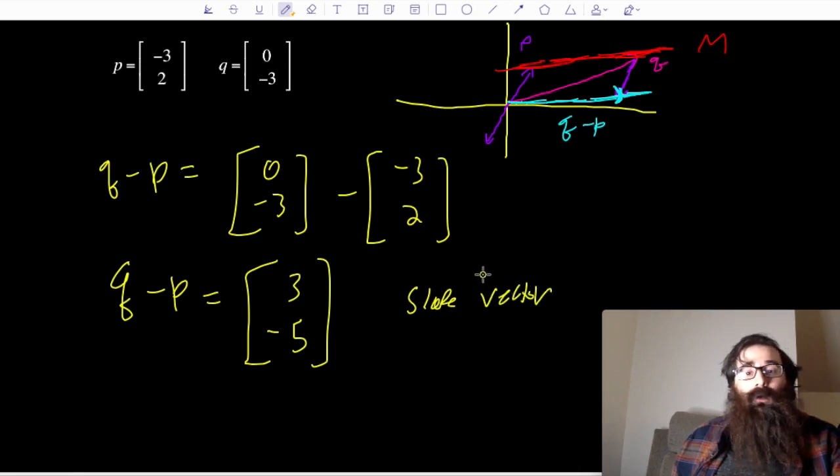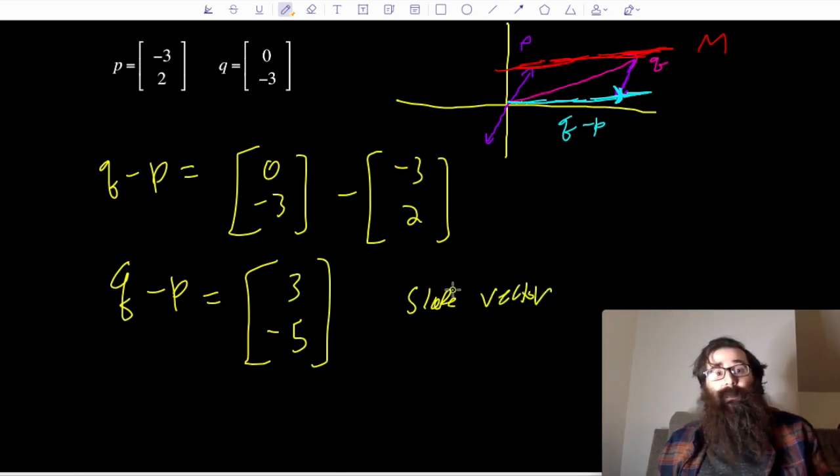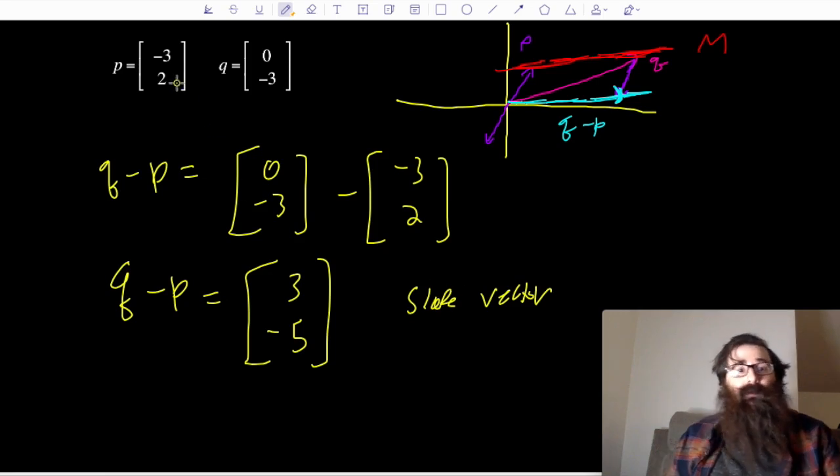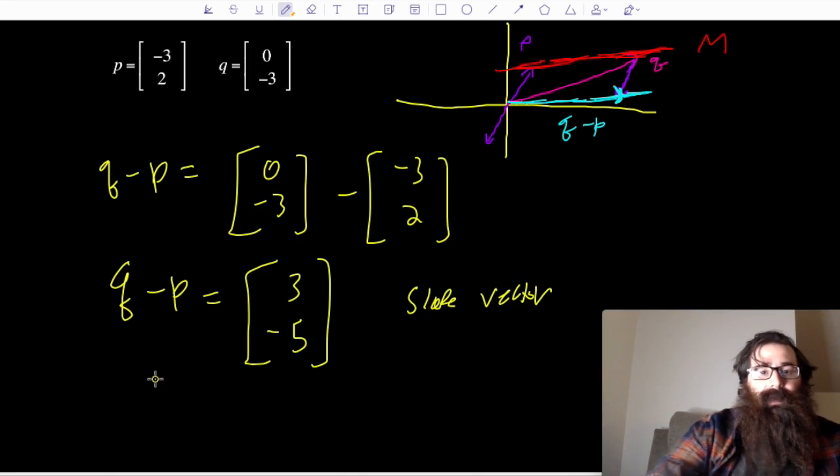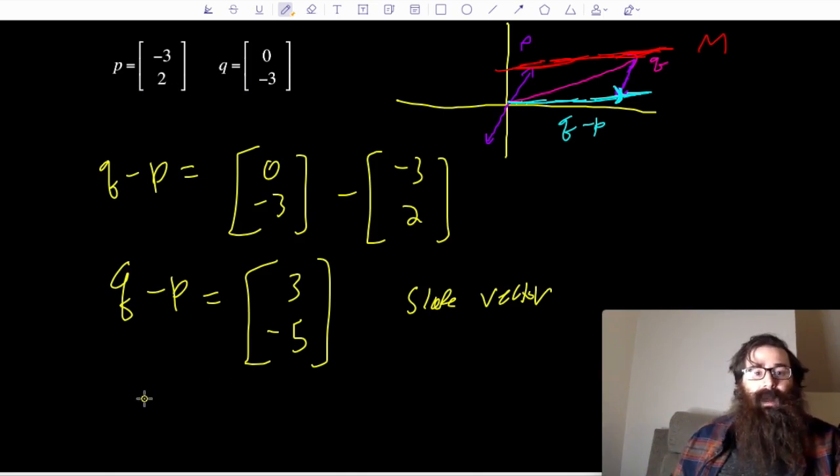But from there, all I'm going to need now is an intercept vector. I can pick one of these two vectors, thinking of them like points. It doesn't matter if I pick p or q. I'm going to pick p, you could pick q. So here I'm going to use p as my point vector, and I'm going to build this.